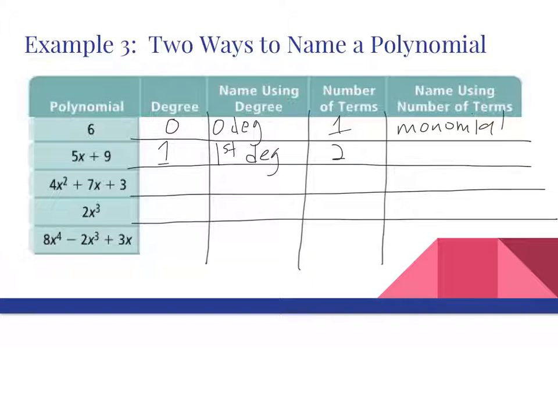The prefix for that with polynomials is bi, so this is a binomial. The next example, the highest power is 2, so this is second degree. And the number of terms is 3, so it's a trinomial.